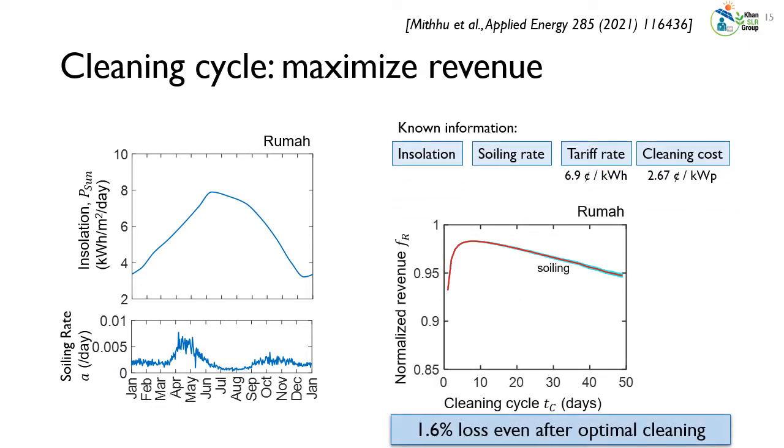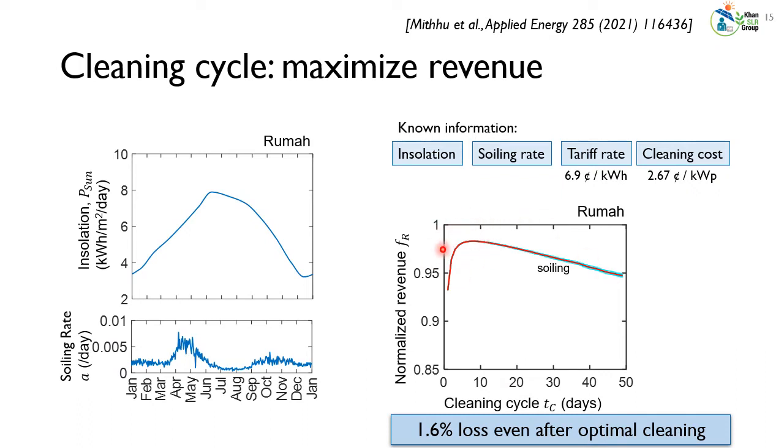So if you vary the cleaning cycle and see how the revenue changes, if you clean the panel every day, well, you would get more output, but you lose money because you clean the panel every day. If you wait too long, then the output is lower, although you don't use up too much money to clean the panel.